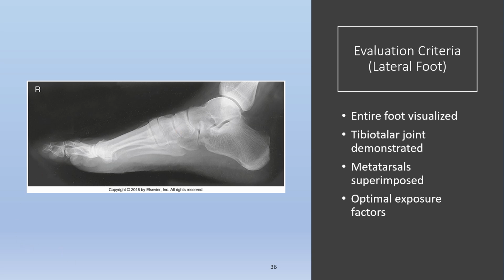So 3 views for the foot: AP or dorsoplantar, a 30 to 40 degree medial oblique, and a lateral, which technically is a medial-lateral projection. So figure 6.64 in your book, we do not do a lateral-medial, only 6.63.